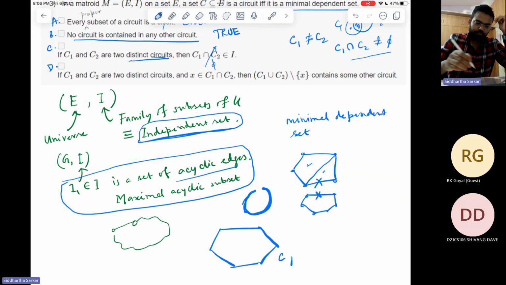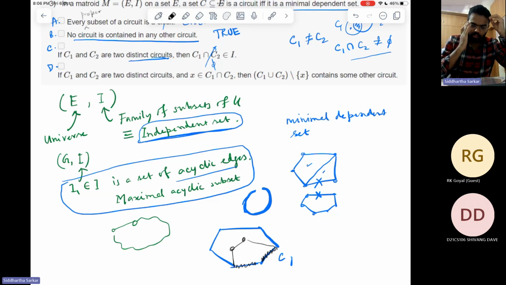So this is C1, and this black one is C2. This is fine.